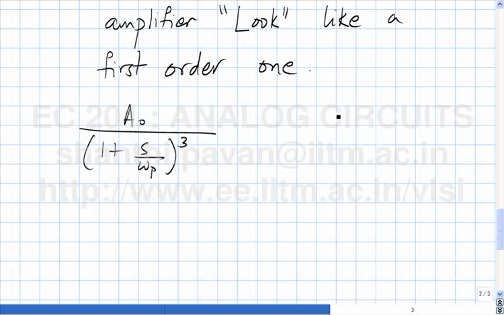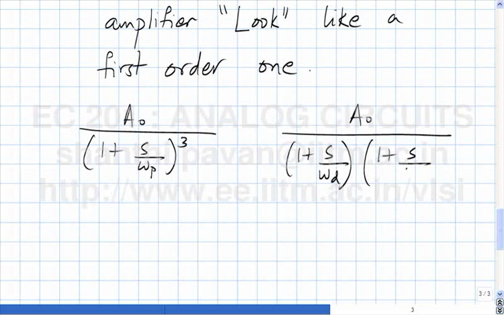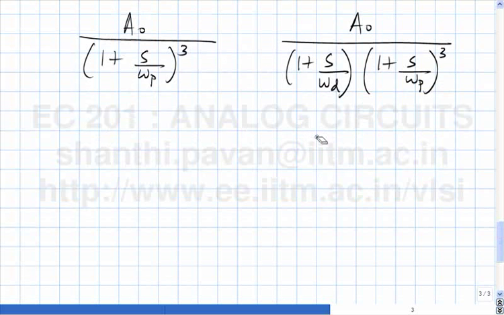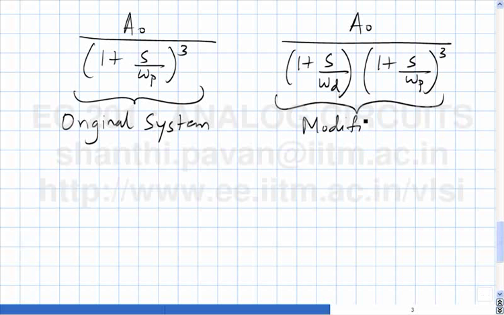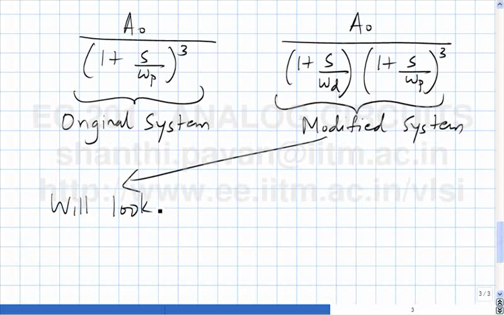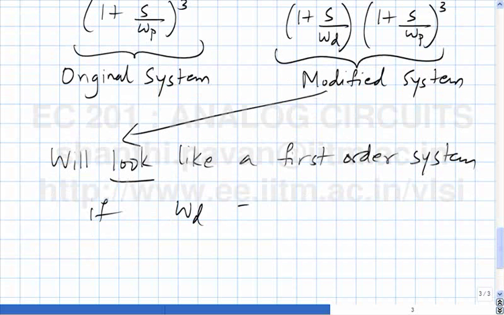Now, if instead of having this, I put in cascade with the system a first order system with a pole at omega d, this is the modified system, which will look like a first order system if omega d is much smaller than omega. Does it make sense?